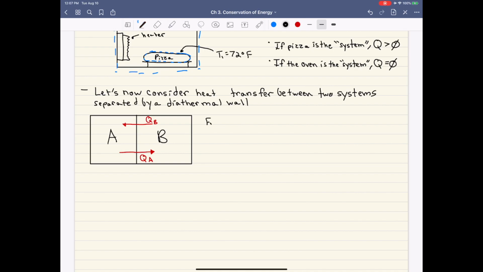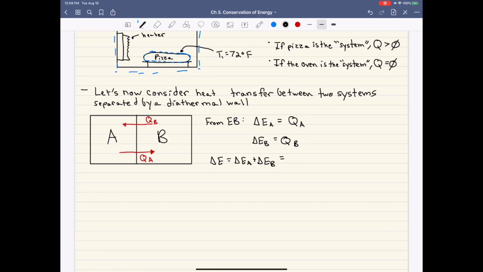Now from our energy balance, if we simplified it out, we would see that the change in energy in compartment A is due to heat leaving compartment A. And the change in energy of compartment B is going to be due to the heat that's leaving compartment B. If we look at the change of energy of the entire system, I'll call this just a total delta E, that would be equal to the sum of delta EA plus delta EB.